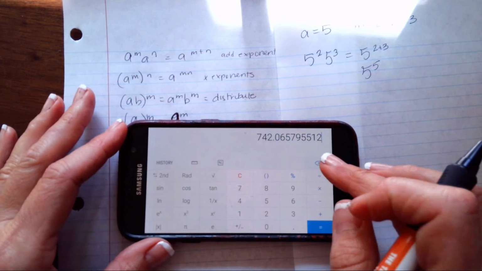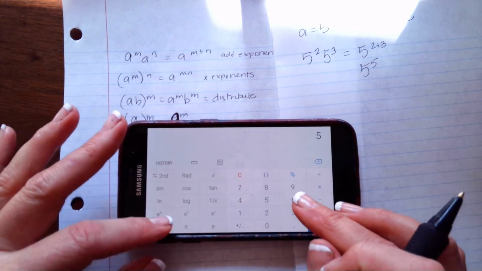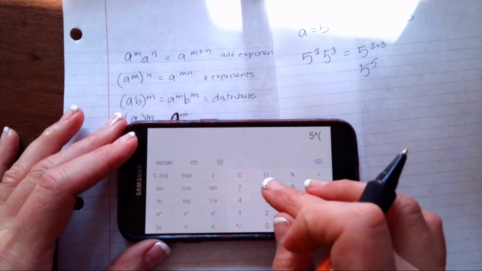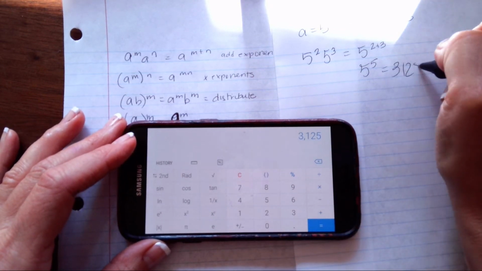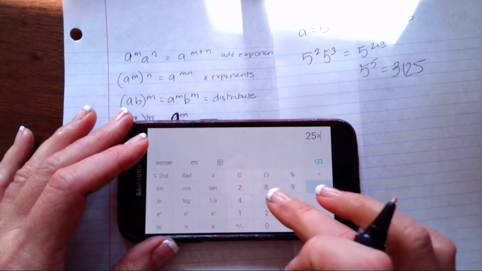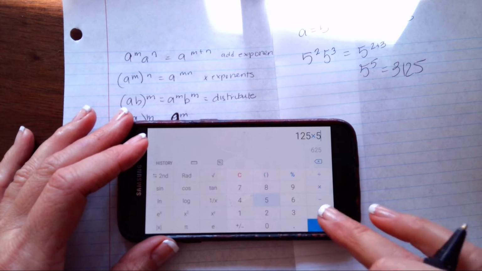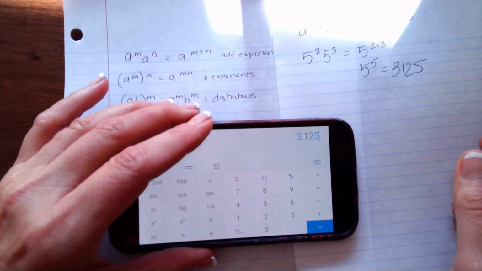I have to check if that is right. I have never used this, so that looks right. So 5 times 5 times 5 times 5 times 5. Okay, so it is this one right here.